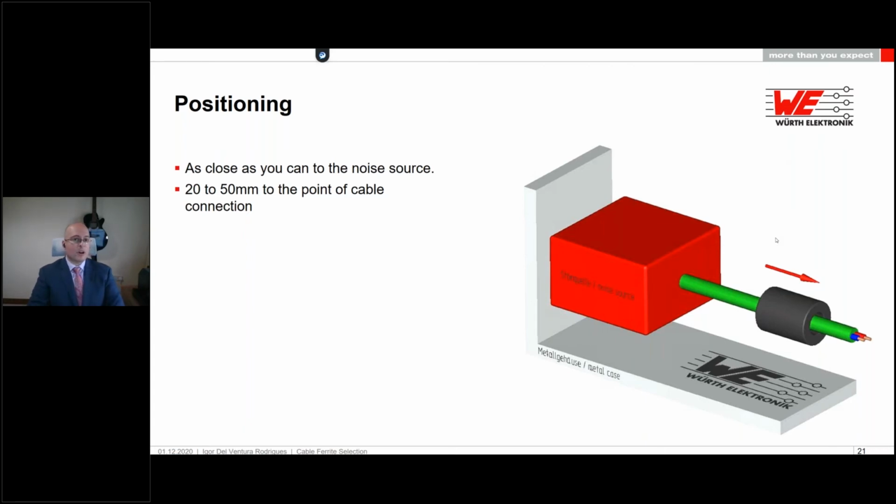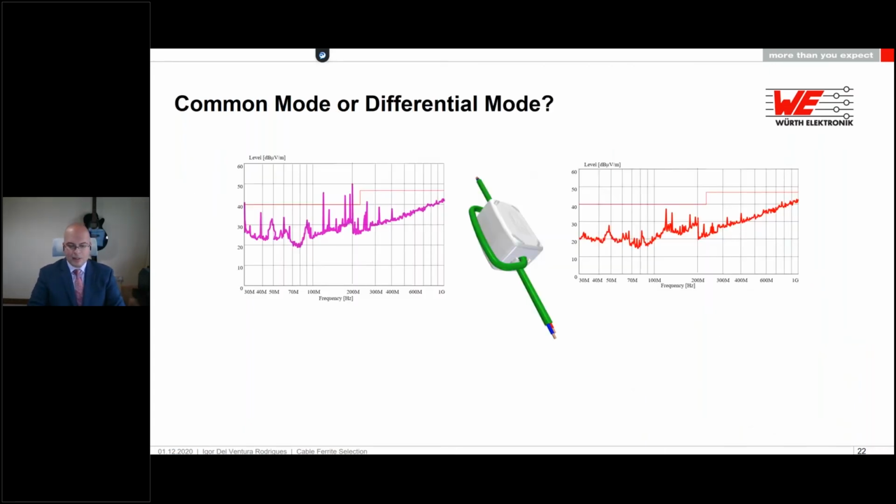Then common mode or differential mode. Did you know that you can utilize the snap-on ferrites as a detective tool? Yes. How do you do that? Quite simple. You first of all place all the lines inside the ferrite as it is on the drawing here. You give it one turn or two, you choose.